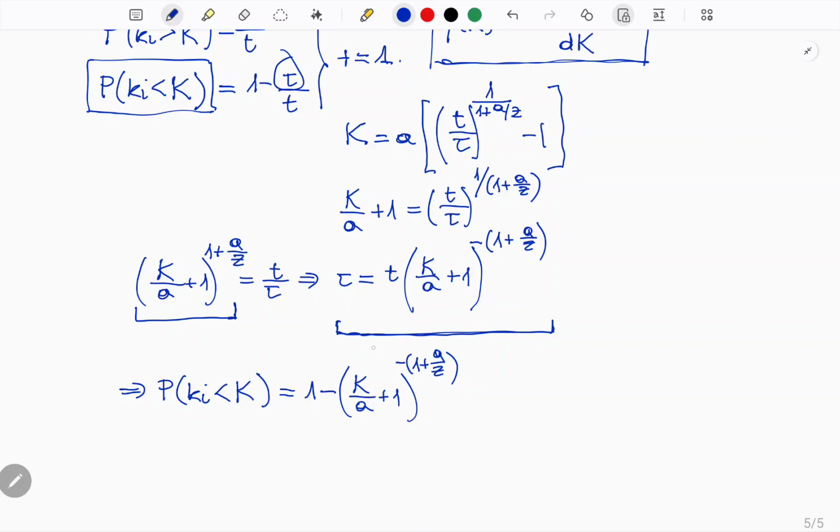In fact, what I can do is to write this in terms of just a simple k, not a capital K, but it's okay. So I'm going to do the derivative of this with respect to capital K. So pk, which is the derivative of this expression with respect to capital K, is going to be equal to minus, this is a power, okay?